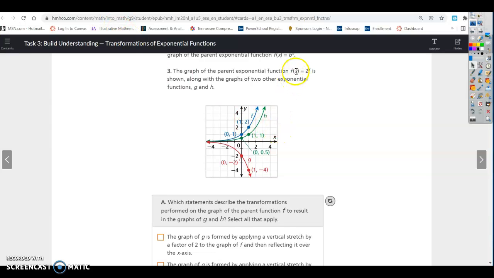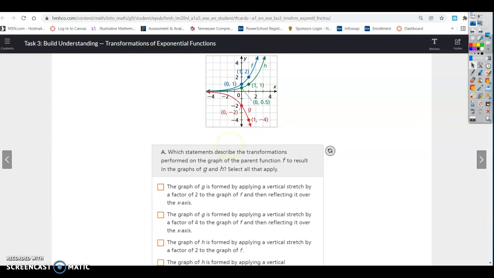All right, so you can see f of x is in blue. f of x is your parent function here. All right, and it shows that there are two other functions. g is in red here, okay, and h is in green.